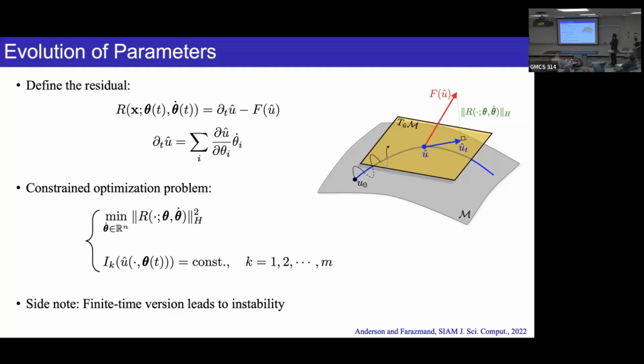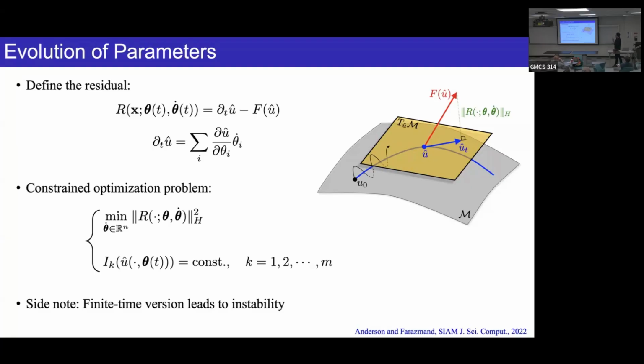And I have an additional set of constraints in case my PDE has conserved quantities that I care about, and I want to make sure that my approximate solution also respects those conserved quantities. So this is an instantaneous constrained optimization problem that forces my solution U hat to respect the conserved quantities of the PDE.